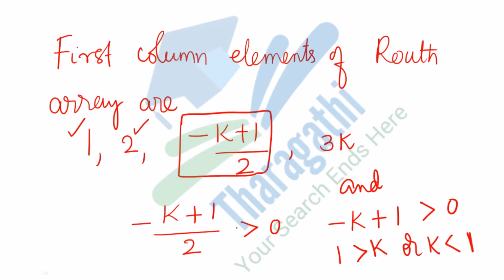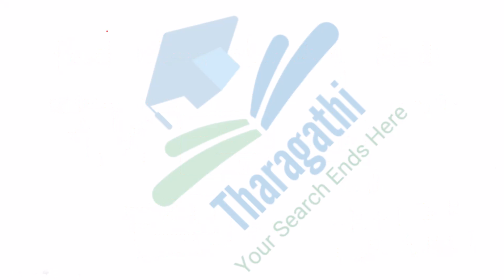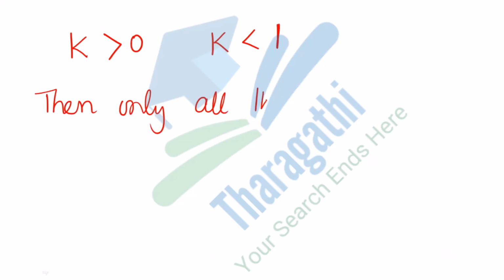And 3k will become positive only when k is greater than 0. So the two conditions are k greater than 0 and k less than 1. Then only all the elements of the first column of the Routh array are positive.